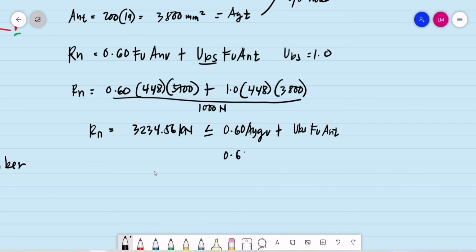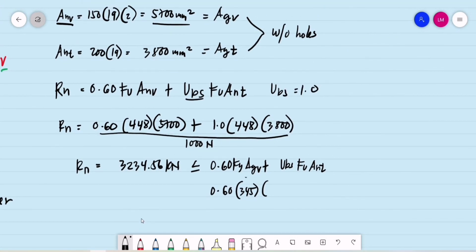This will be 0.60 of Fy Agv. Fy a while ago is 345 megapascals. Agv is the same as the Anv, 5,700 square millimeters.